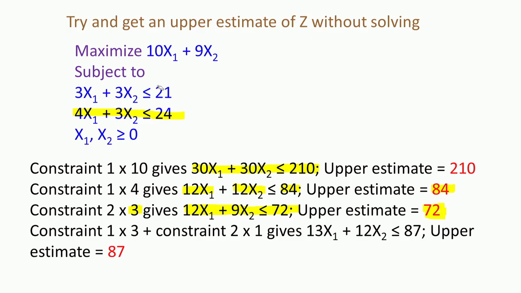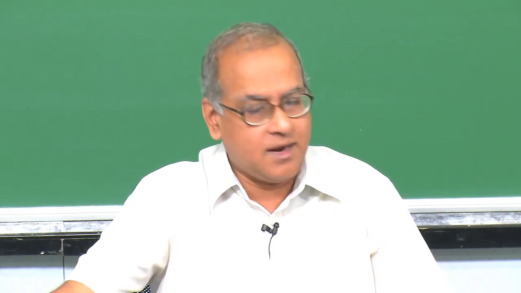Now let us do one more thing. Now instead of taking one constraint at a time, can we do the same thing with multiple constraints? Now in this example there are only two constraints, therefore we take both of them. If the problem had a larger number, we could take a subset.